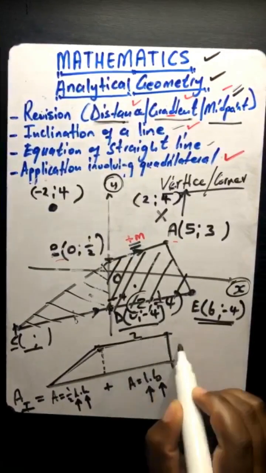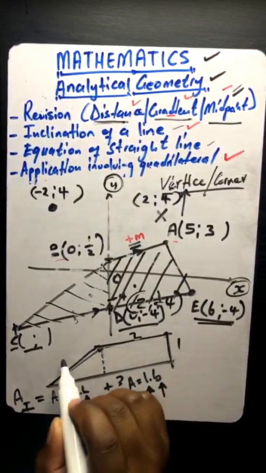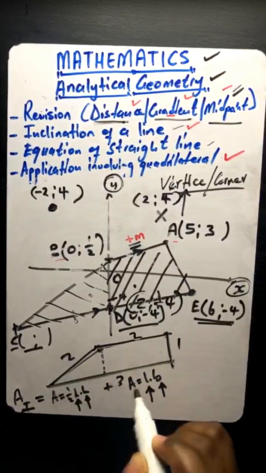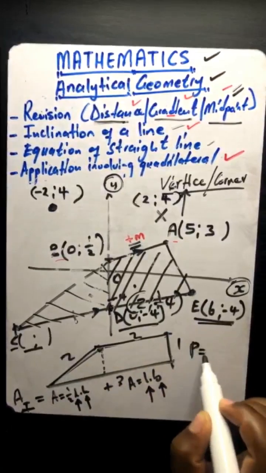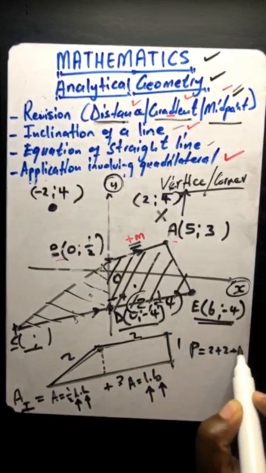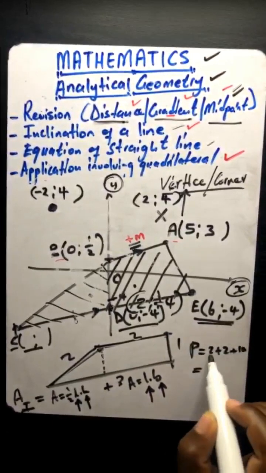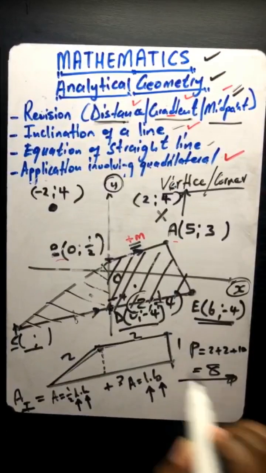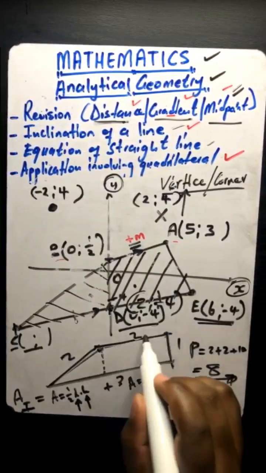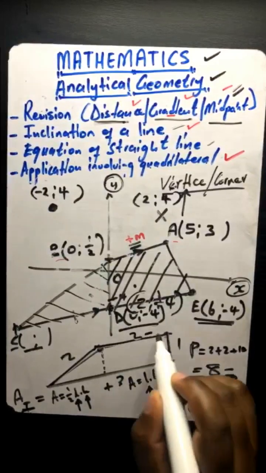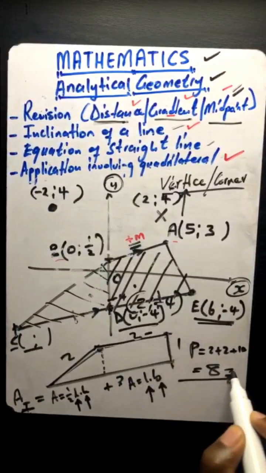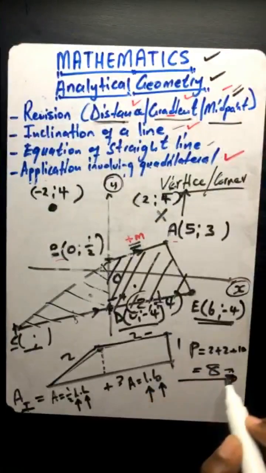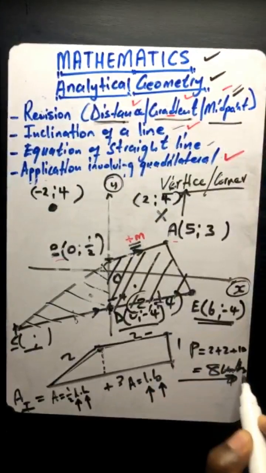If this is 2, this is 1, this is 3, and this is 2, that means the perimeter is equal to 2 plus 2 plus 1 plus 3, which is what? 4, 5, 6, 7, 8. So the perimeter is 8. If these lengths are in meters, it means it's 8 meters. Millimeters, 8 millimeters. Centimeters, centimeters. Kilometers, kilometers. But if you don't have units, you just say 8 units. That's 8.